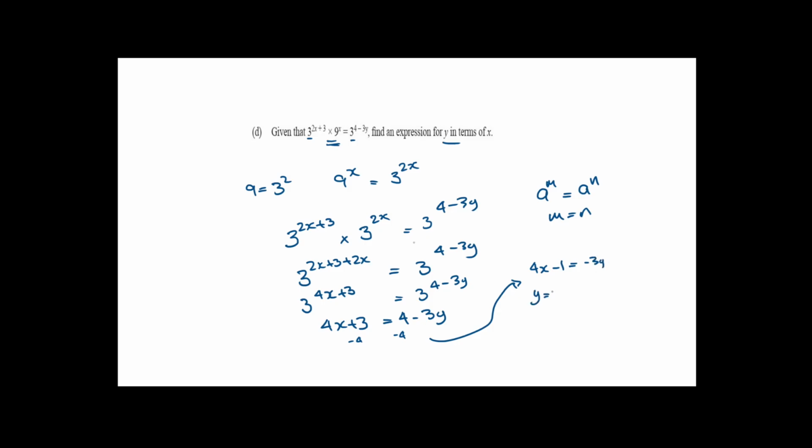So y is going to be equal to 4x minus 1 divided by negative 3. So it's going to be 1 minus 4x over 3. And we're done. I think that's the last one. Yes, it's the last one.